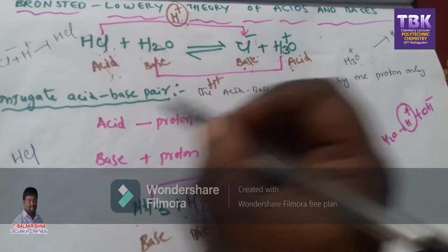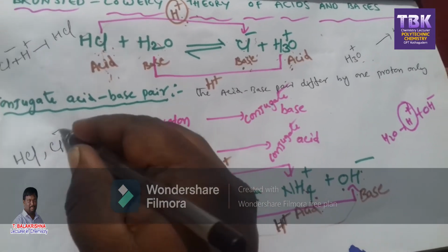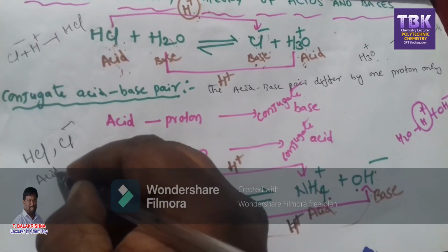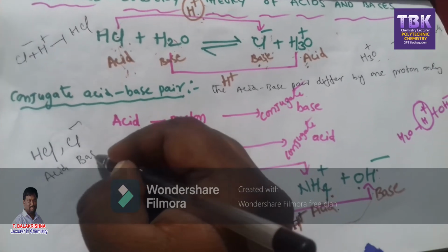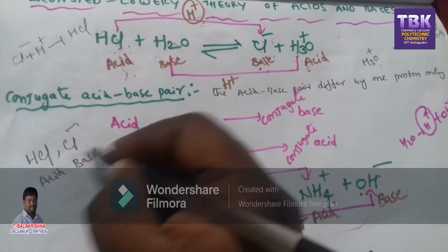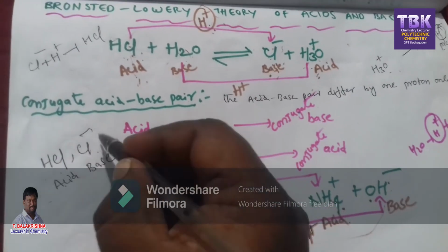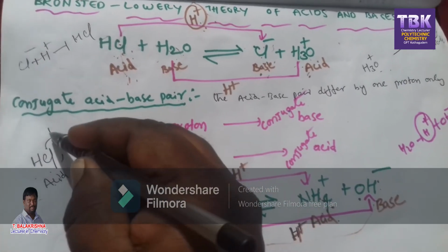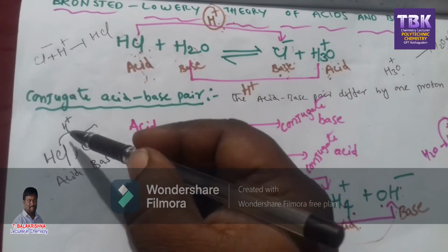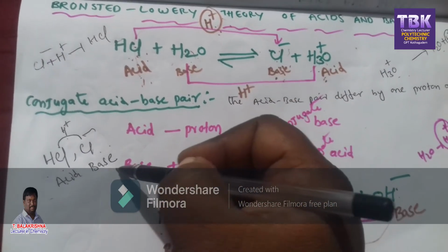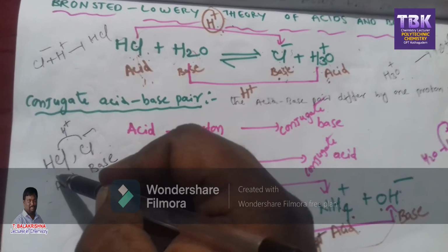Cl minus is a base. They come together and form a pair. It is an acid base pair. What is the difference between these two? Only one proton. When you remove the proton, it shows basic nature. When you add the proton, it shows acidic nature.